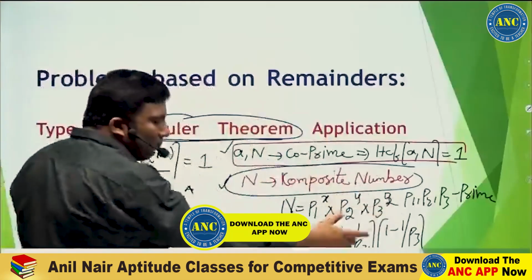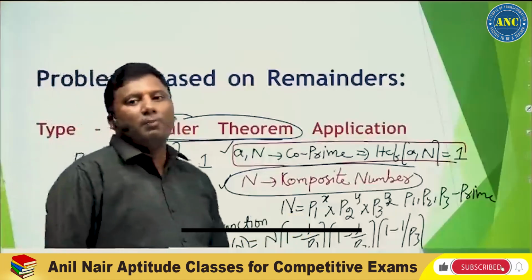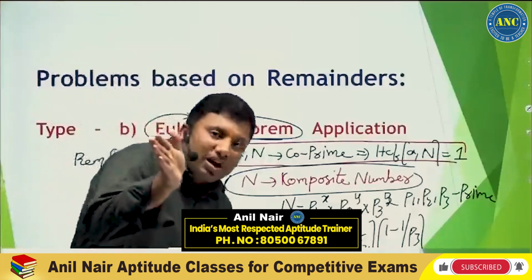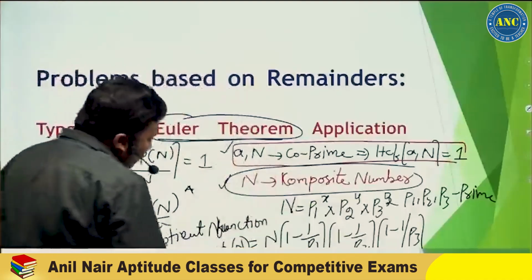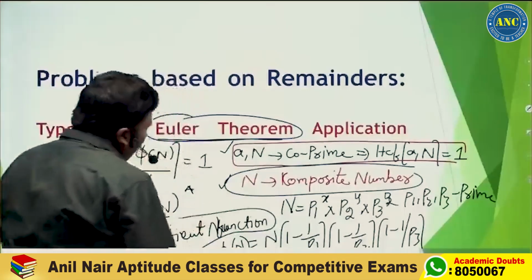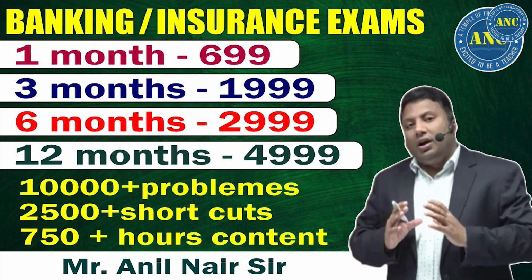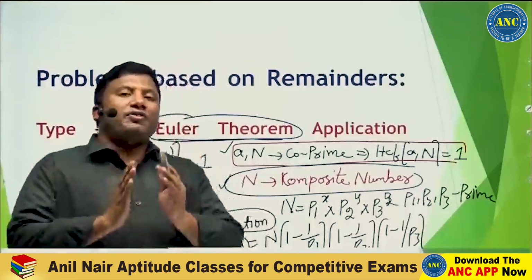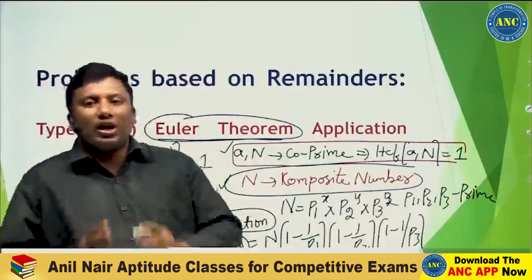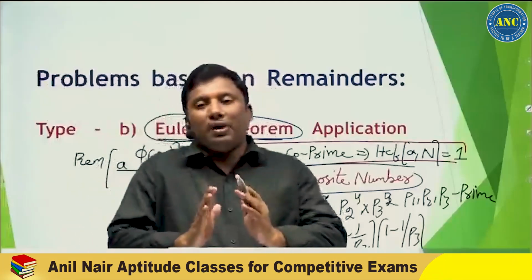Just to tell you where we got 1 minus 1 by p1: there is a definition attached to the quotient function, which might be a little bouncer for you, so I'll just discuss the application part of it. But I will state the definition. The quotient function is the number of natural numbers less than or equal to n and co-prime to n.